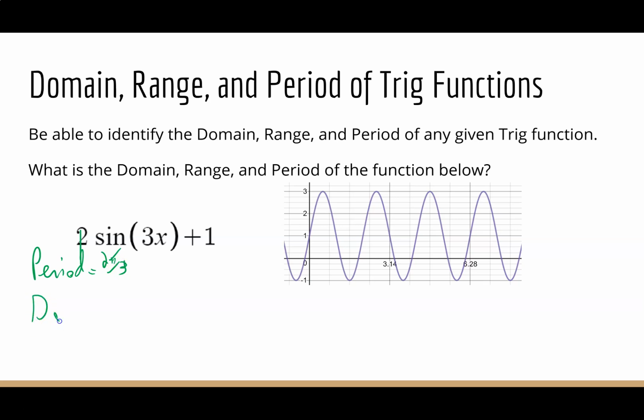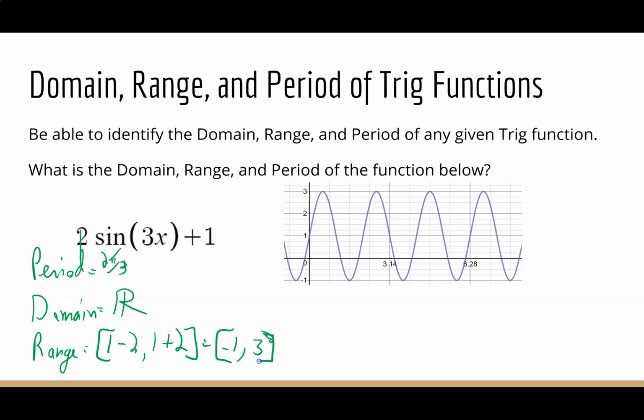Domain of every single sine and cosine is all real numbers, and range is going to be the midline minus the amplitude and then the midline plus the amplitude. So in this case, -1 to 3. And you can see that on the graph. The lowest it goes is -1, the highest it goes is 3.